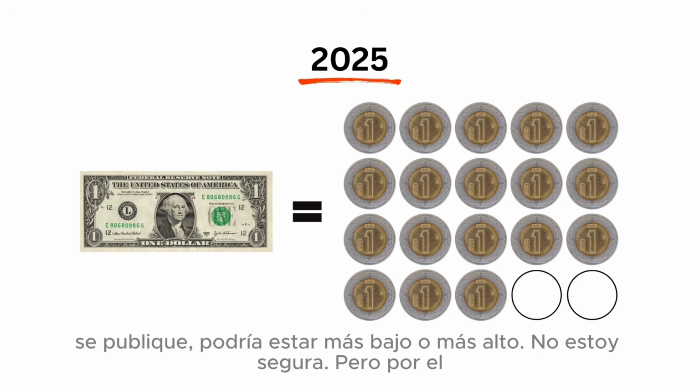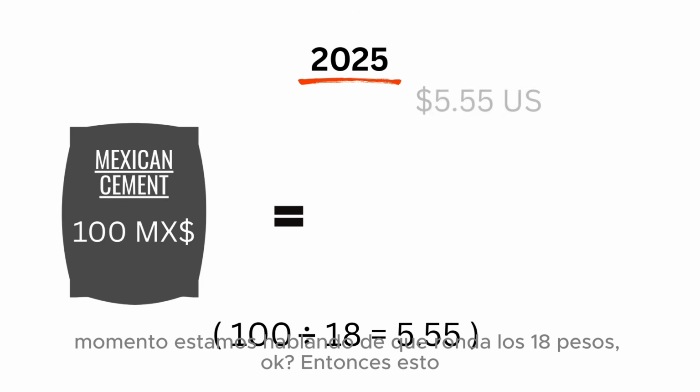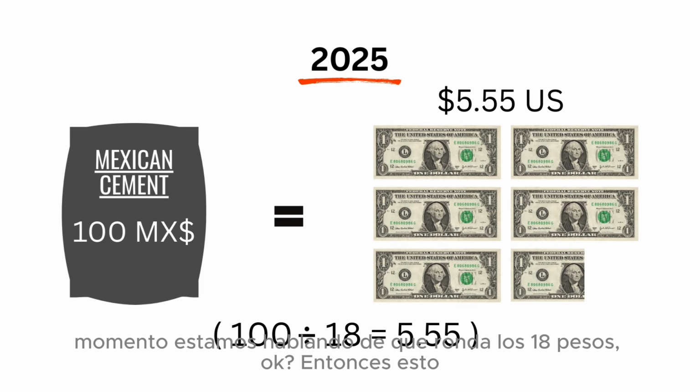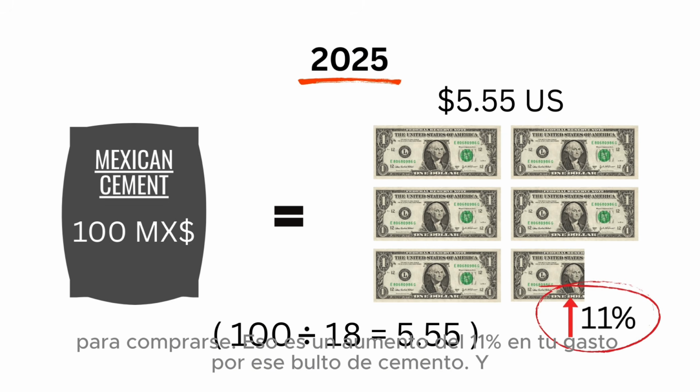But at this point, we're hovering around 18 pesos, okay? So this means that that bag of cement that costs 100 pesos now requires $5.55 to buy. That is an 11% increase in your expense for that bag of cement.